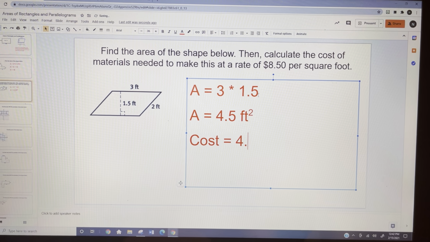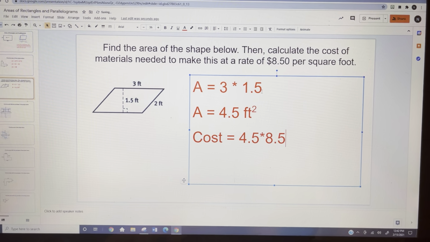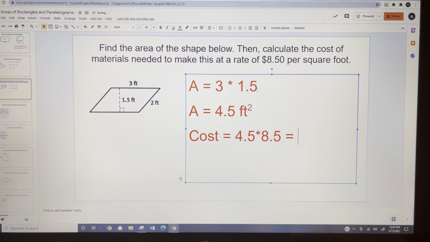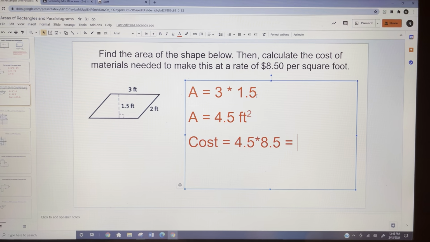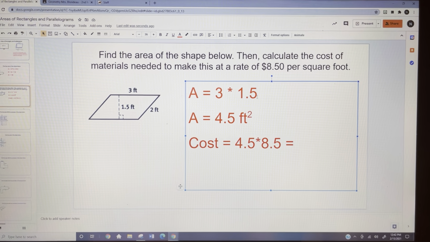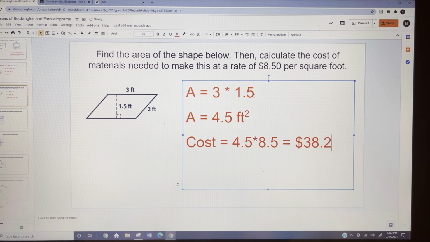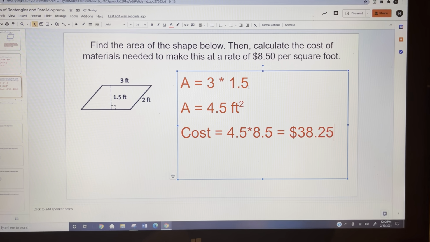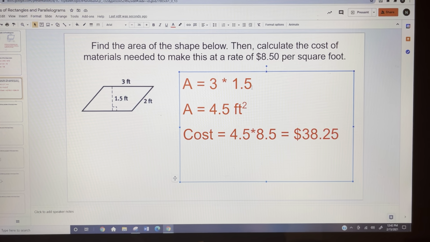So I'd multiply 4.5 times 8.5, and get my cost for that. If I do that in the calculator, I get 38.25, so that means it would cost me $38.25.